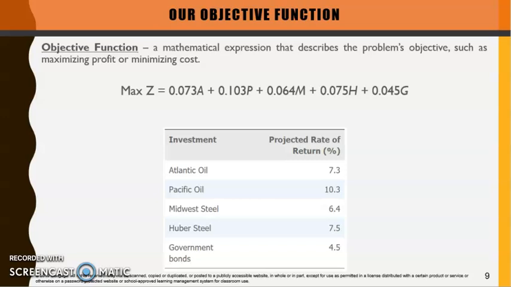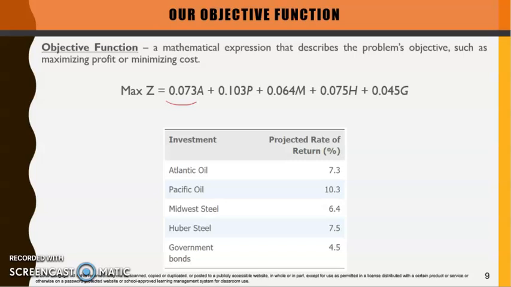As you can see, since they are percent, 7.3% is 0.073, and A is the amount of money you invest in Atlantic oil, or dollars invested in Atlantic oil, plus dollars invested in Pacific oil times the return, and like that.